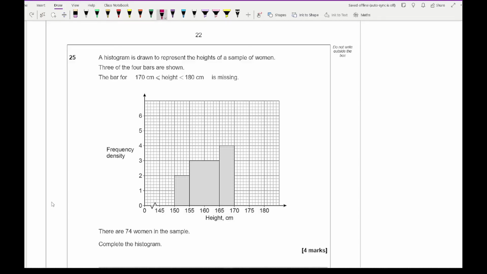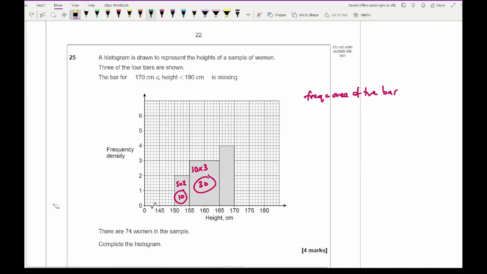Now how do we do that? Well, the frequency is basically the area of the bar. So what we need to do first is work out the area of this first bar. So that's going to be 5 times 2, which is 10. Then I'm going to do 10 times 3, which is 30. And just get rid of that 10 so it's not confusing.